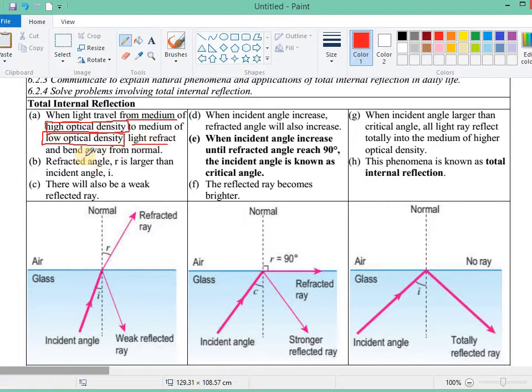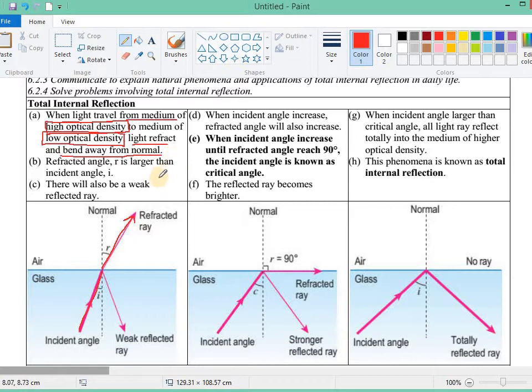Why is it that light will refract and bend away from the normal? Because when the light goes from a medium of higher optical density to a medium of lower optical density, the speed will increase.